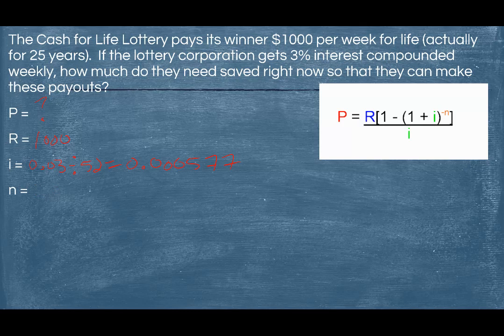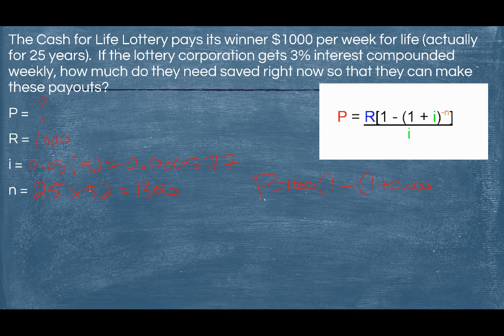Here, I'll write that down so you guys can see. So it's 25 years times 52 weeks in a year, which gave me 1,300. All right, now I got to put all that into the calculator. So I'm going to go P equals 1,000, 1 minus bracket 1 plus that interest rate of 0.000577.